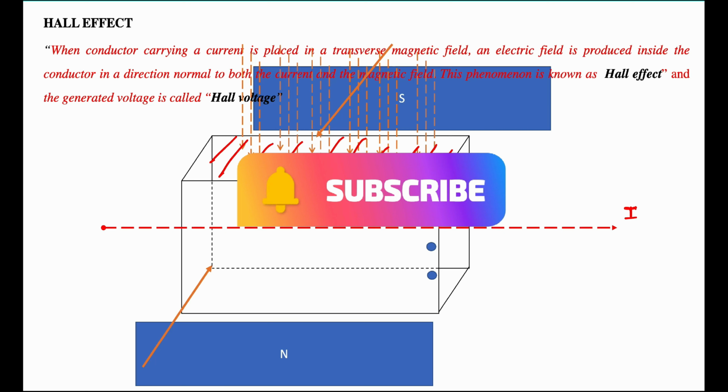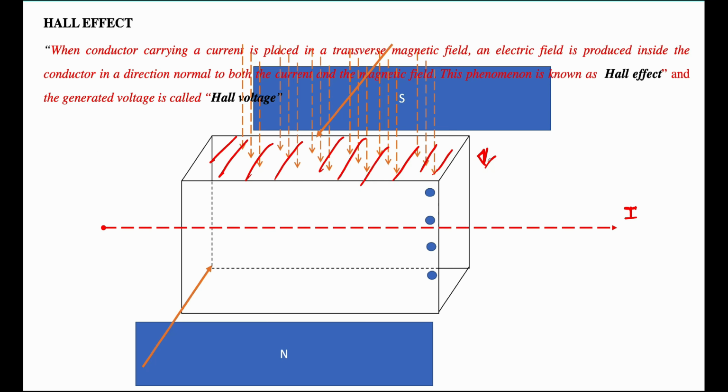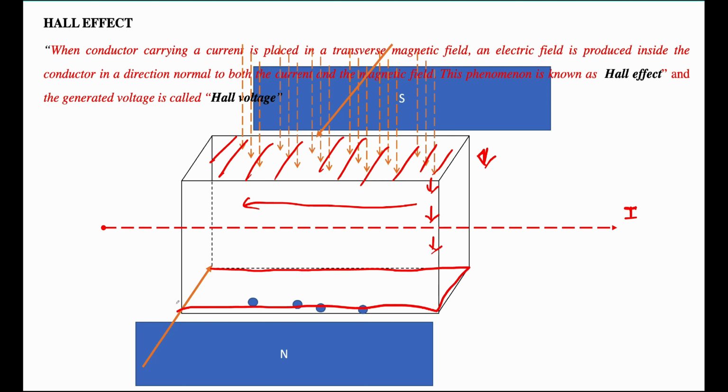Due to Fleming's left hand rule, the force will be generated upward, and that force will be applied to each electron which is moving from this point to this point. Because of the Lorentz force, the electrons will start to accumulate at the base of the rectangular slab of the N-type semiconductor.